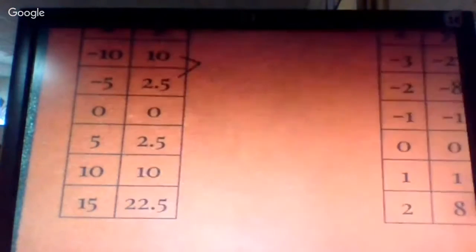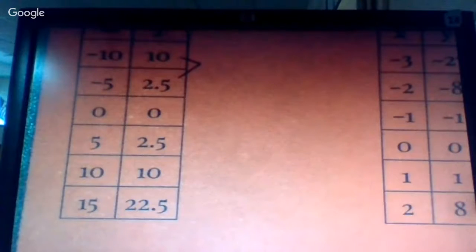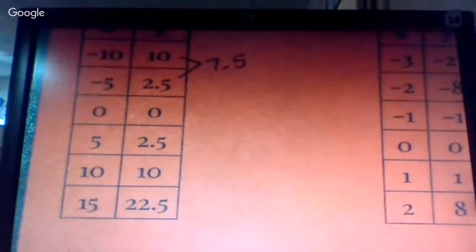You may want to plug these into your calculator because there's a decimal. What's 10 minus 2.5? 7.5. Oh, yeah, that's right. What is 2.5 minus 0?